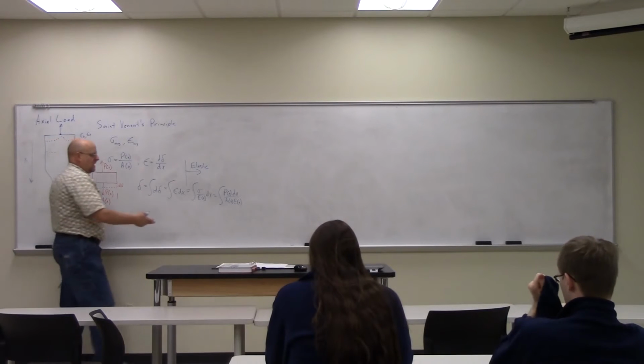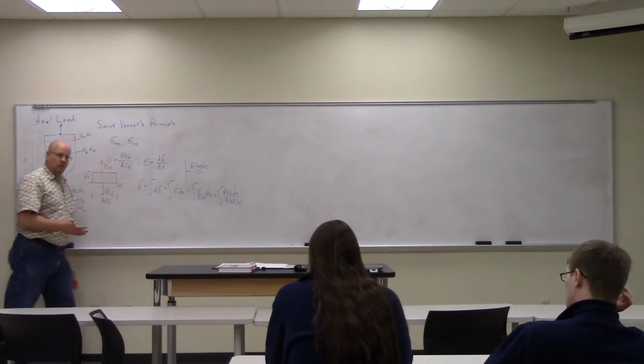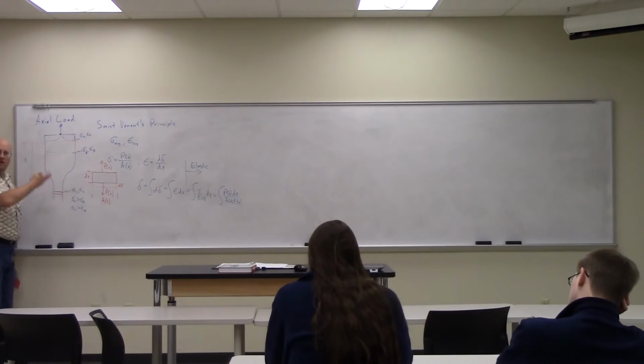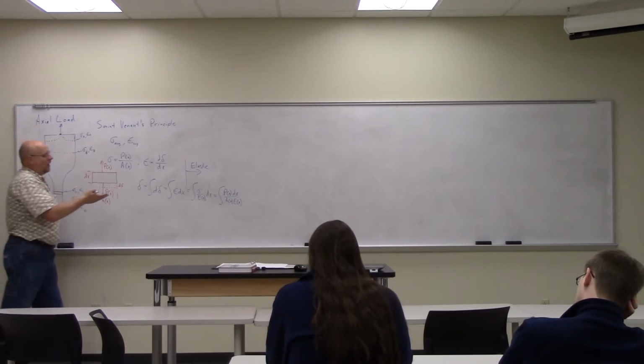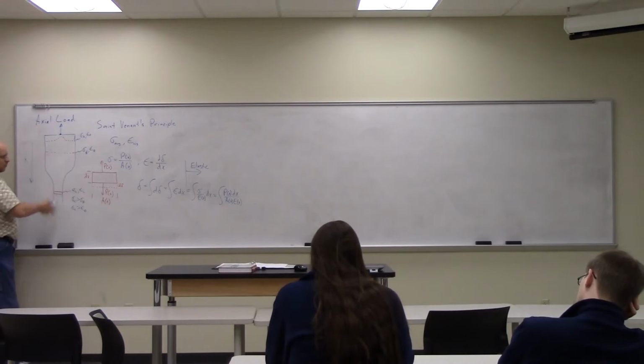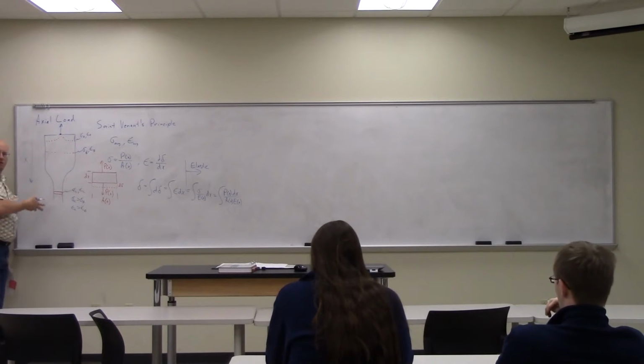Okay, so E will vary if we change material. So if I have a hunk of aluminum attached to a hunk of steel, then E changes. A changes, obviously, in this way. P changes, I mentioned friction is one possible way in which P could change. I could also have another hole through here with a cable pulling down on that hole. Right, so I have a different P down here than I have up there.